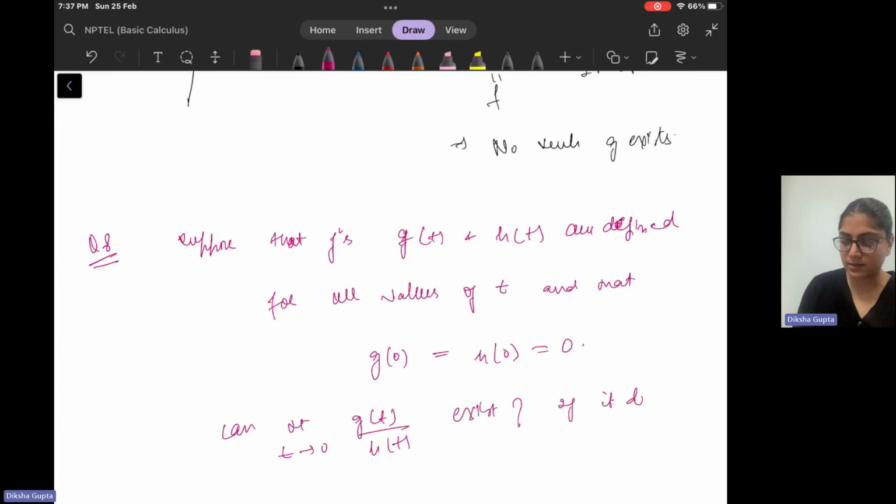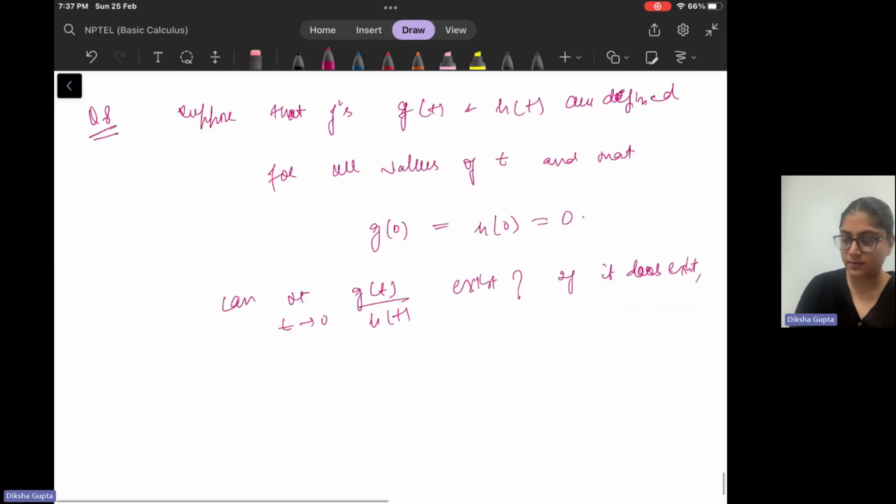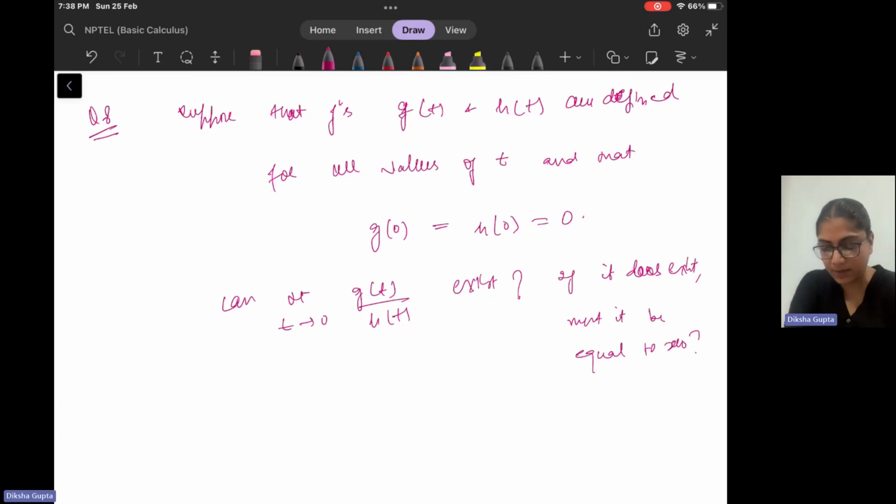If it does exist, must it be equal to 0? So those functions are defined for all values, and at 0 they are 0. The question is, does the limit of their quotient also exist, and does it have to be equal to 0?